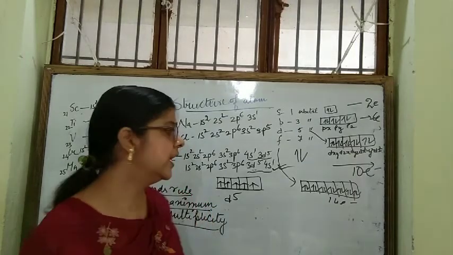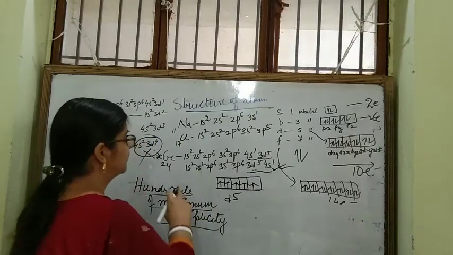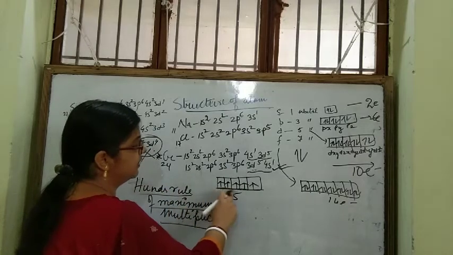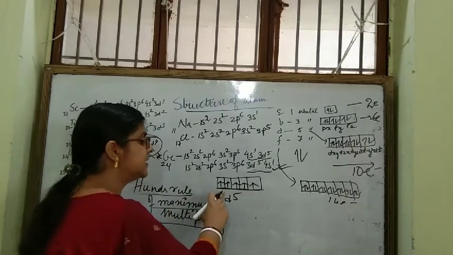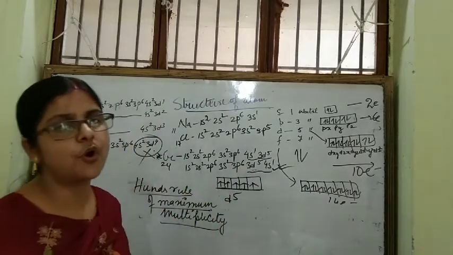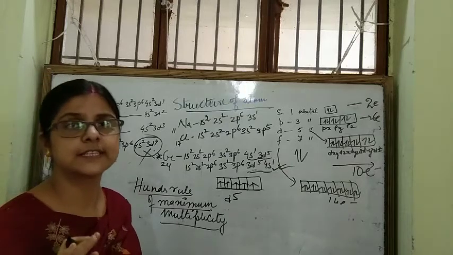Here we can see that the 3d subshell of chromium has 5 orbitals, and these 5 orbitals belong to the 3d subshell. So all are degenerate, all have the same energy.